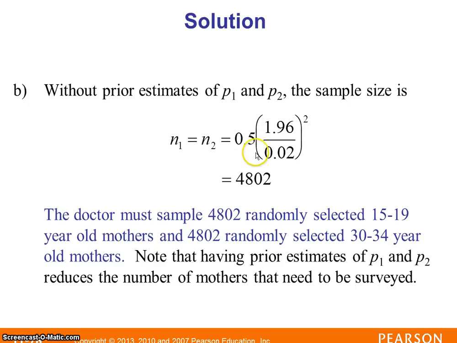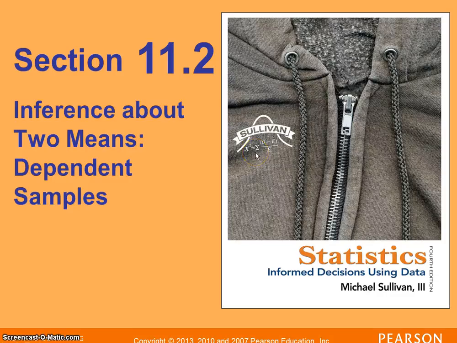So remember, this formula without the prior estimates will usually give you more than you need for your sample. Okay, so that pretty much wraps up section 11.1. The main difference in 11.1 is you have to be careful as to whether your sample is independent or dependent. That will depend on the test statistic you use, and hopefully it should be clear from the problem whether you have an independent sample or a dependent sample, but if it's not, let me know.